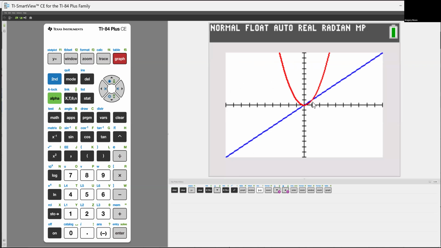I don't know if you can see from the back of the room, but if you're close to this, and if you're not colorblind, you can see that the blue curve is greater up here, and then the blue curve is less over here. So there must be some kind of point of intersection around here.